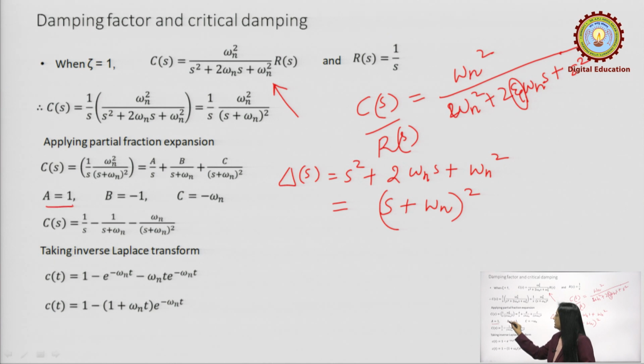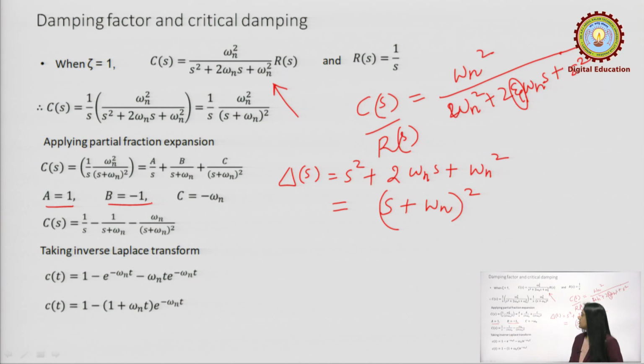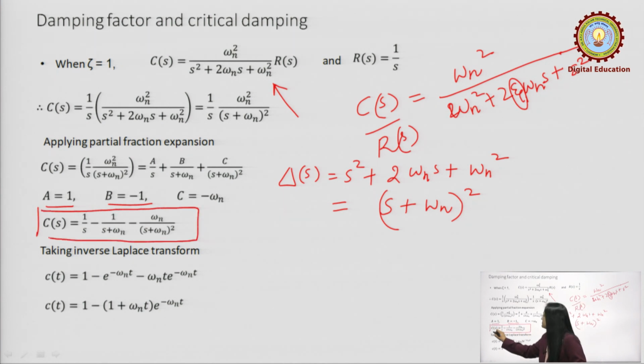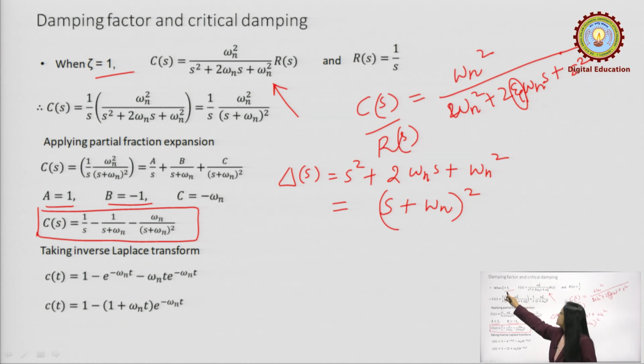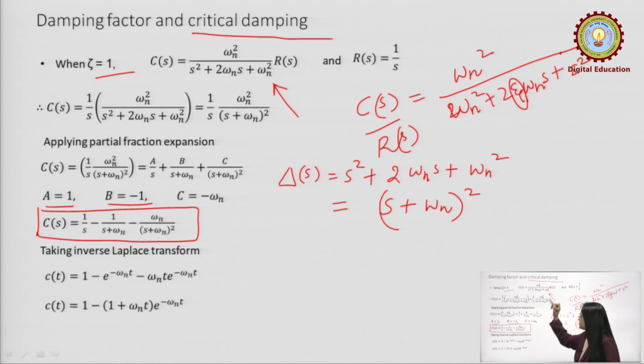After solving this partial fraction expansion, we obtain A is 1, B is minus 1 and C is minus omega n. Substituting the values of A, B and C, this is what we obtain. This is the S domain response of the system when zeta is equal to 1, the case of critical damping.